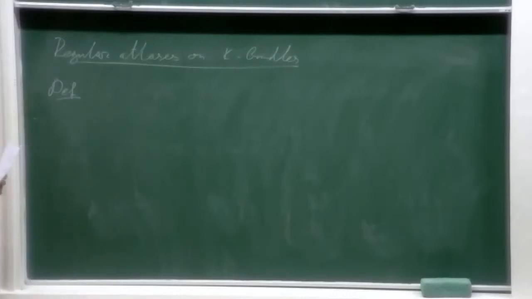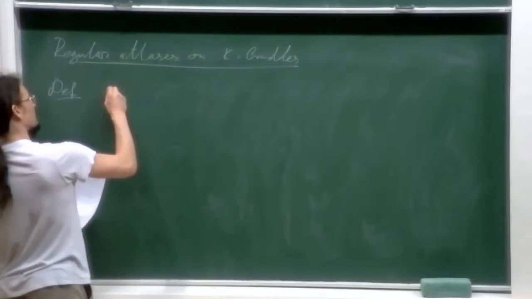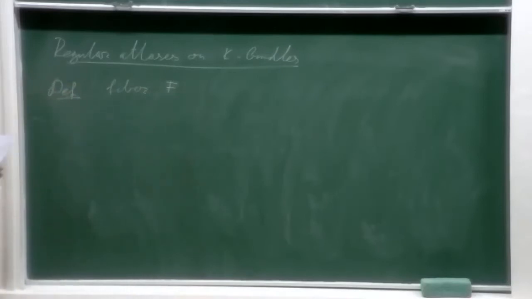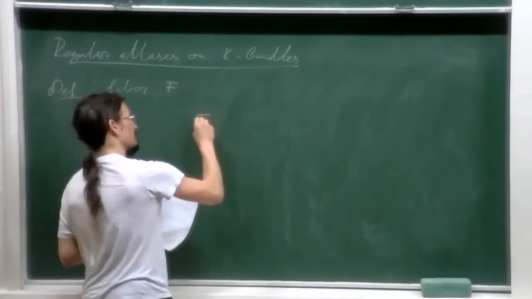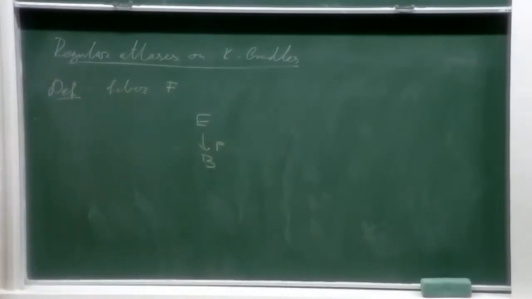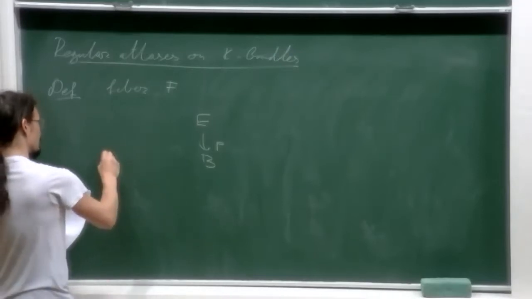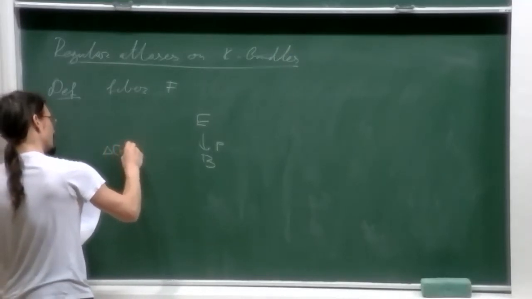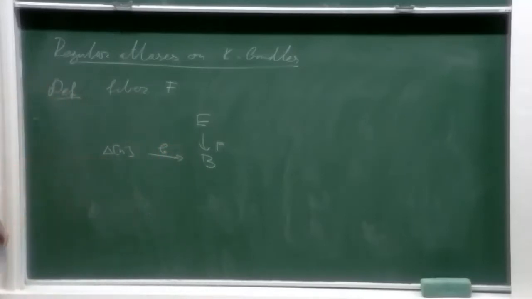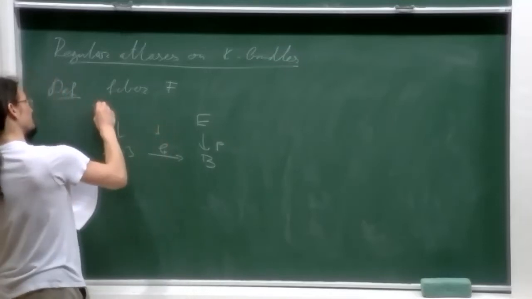Just start with fiber bundles. So if you're looking at fiber F, and you've got a map of simplicial sets and you want to give it a local trivialization, then what you want is for each simplex of the base simplicial set B, you want to have a Cartesian diagram of this form.